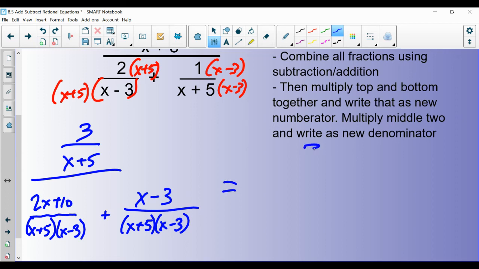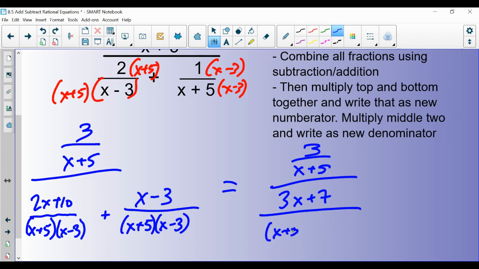Once again, my numerator part, the 3 over x plus 5, is completely fine. But now that my denominators match, I'm going to add the numerators, and I would get 3x plus 7. My denominator, of course, would be x plus 5 and x minus 3.